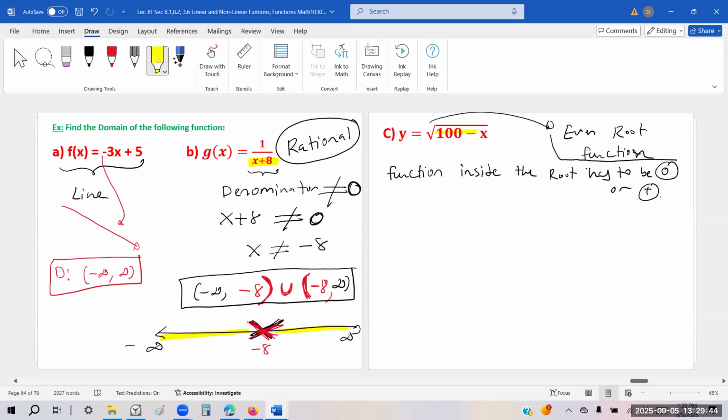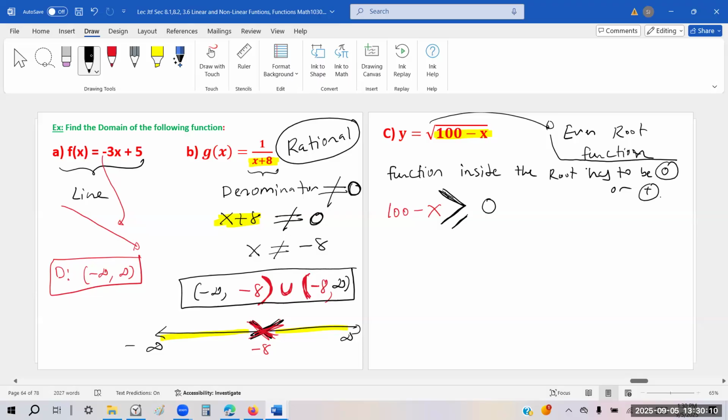So in our case, this is the function we have. We take 100 minus x, and that function has to be bigger than or equal to 0. It can be 0, it can be bigger than 0, but it cannot be negative. So which x values satisfy this condition?